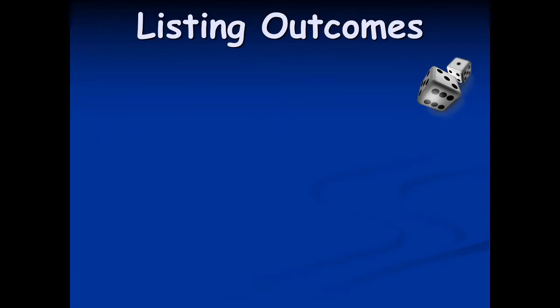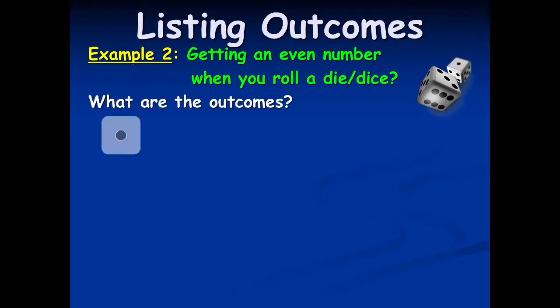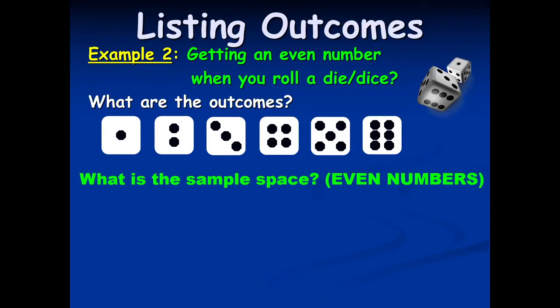Now let's have another example. Example number 2. Getting an even number. So take note, still it's rolling a die. The outcomes are these. These are the possible outcomes. But take note, you are given a specific event. This is now an event. Getting an even number. So my question is this. What is the sample space of the event getting an even number?